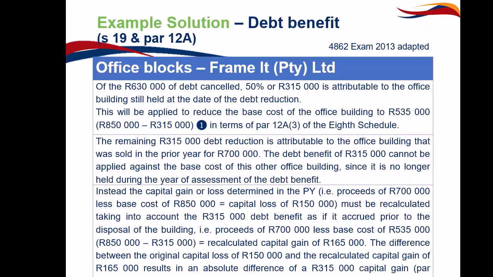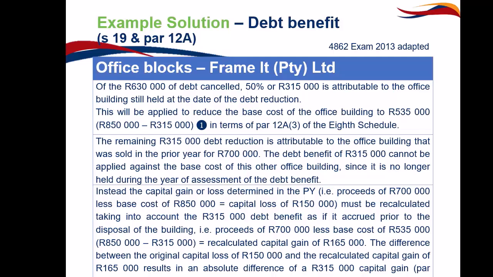So what are we going to do? Because the asset is still on hand, we're going to reduce the base cost of that asset with the debt benefit. So how much will be our base cost? The base cost will be 850,000, exactly the same as the cost of the asset because we do not receive allowances on this asset.